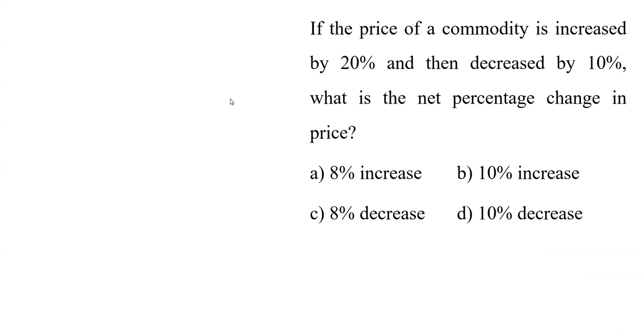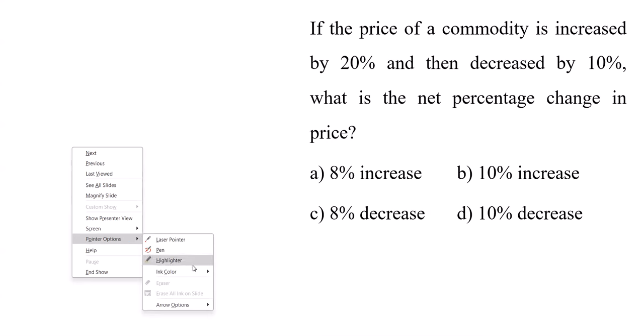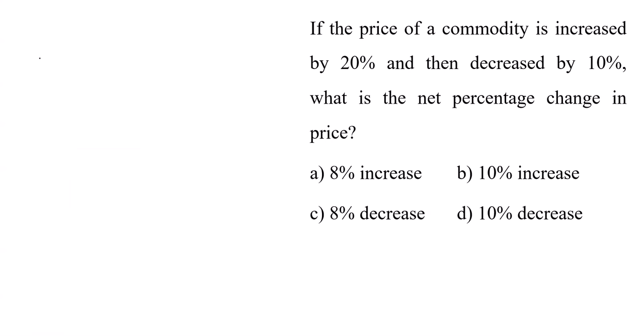Now see this first question. The price is increased by 20%, then decreased by 10%. What is the net percentage change in price? They may give 2 or 3 changes. Here 2 changes are mentioned. They are asking for the overall change in the price. So let us say you have 100 rupees. First it is increased by 20% as per the question, so it becomes 120.